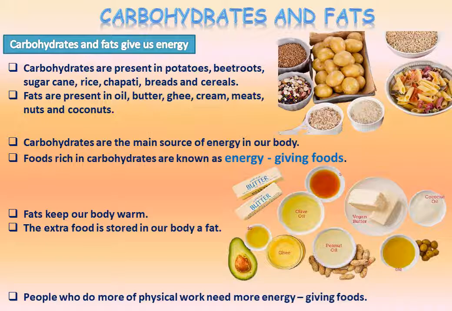Then where does fat come from? Fats are present in oil, butter, ghee, cream, meats, nuts, and coconuts. You can see two pictures on the screen. The top part is the food containing carbohydrates, and the bottom part is the food containing fat.